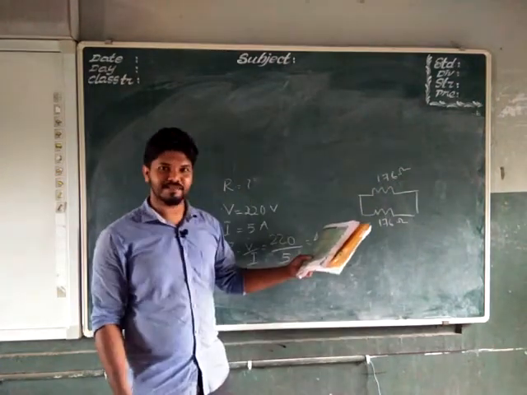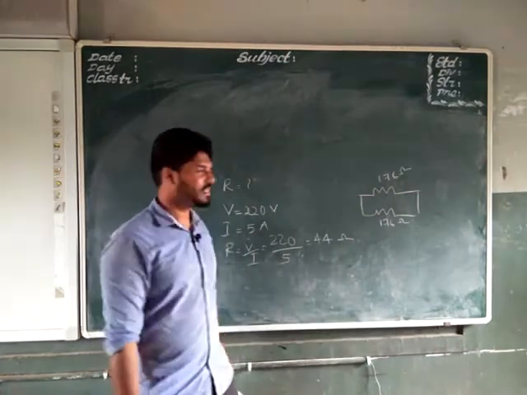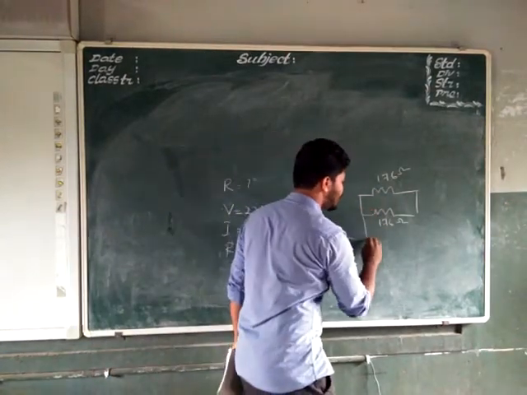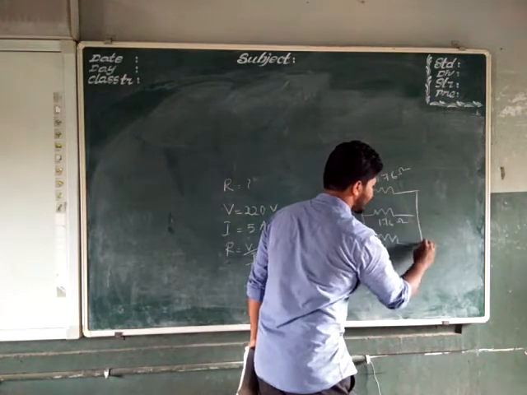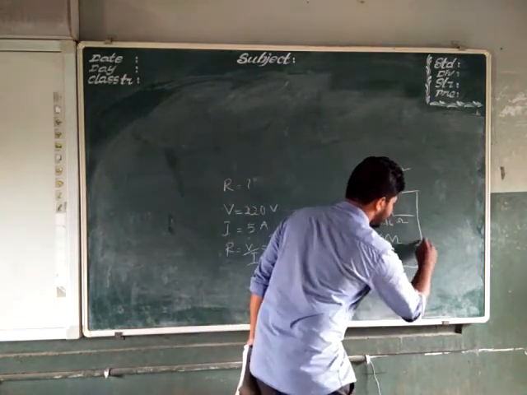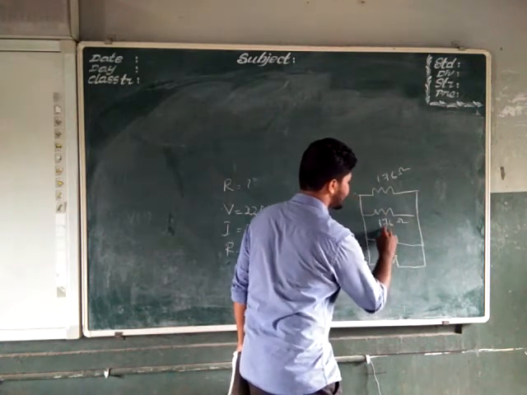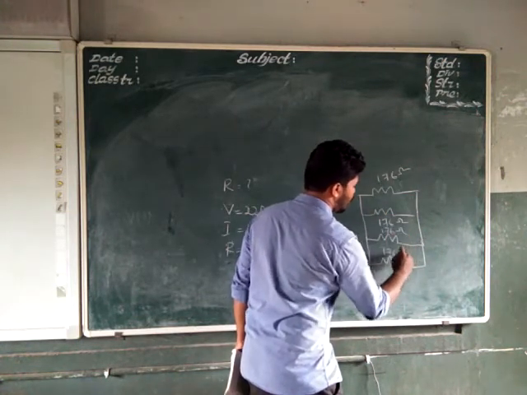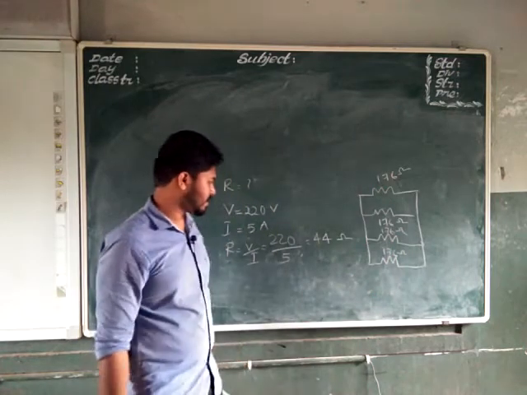The equivalent resistance will be half of them, isn't it? What happens when we connect 3? It will be 1 by 3 of them. What happens if we connect 4? The equivalent resistance will be 1 by 4 of 176.